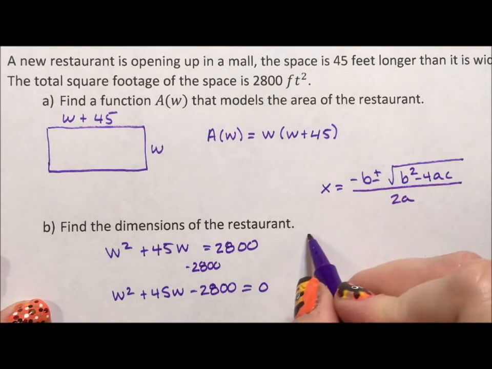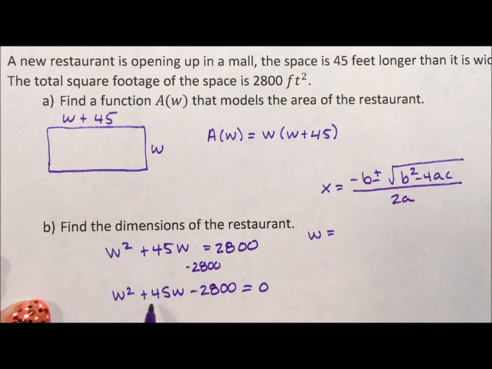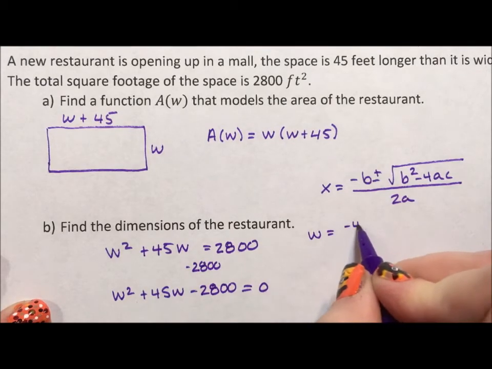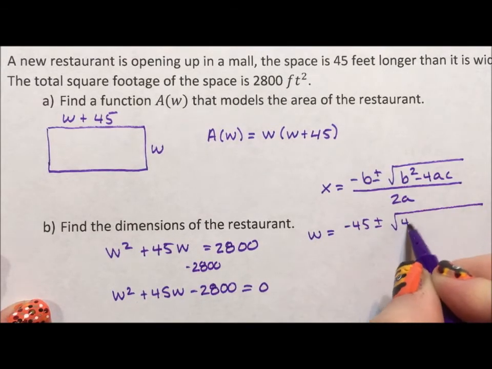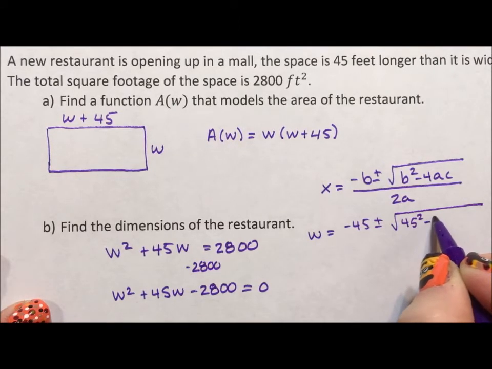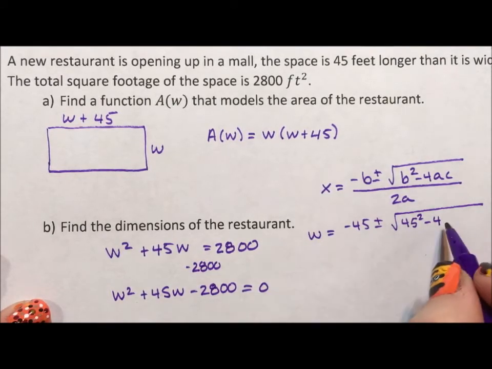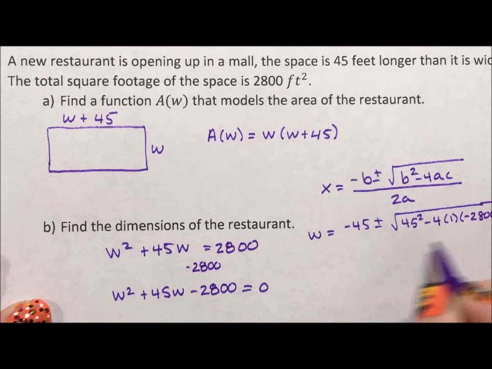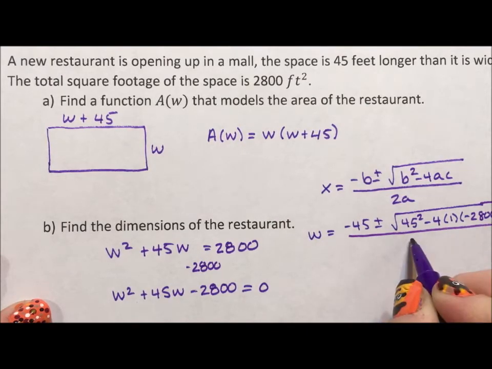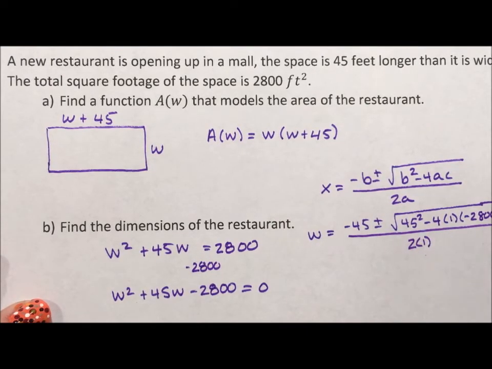So in this case, I would have w equals negative b, the middle term, negative 45, plus or minus the square root of 45 squared minus 4 times a, well a is 1, times c, which is a negative 2,800, all over 2a, which is 2 times 1.